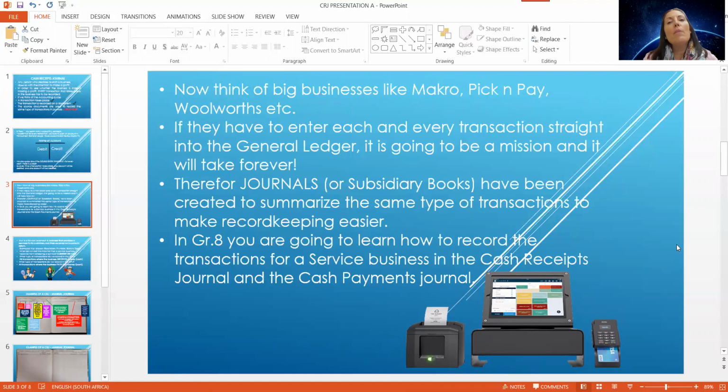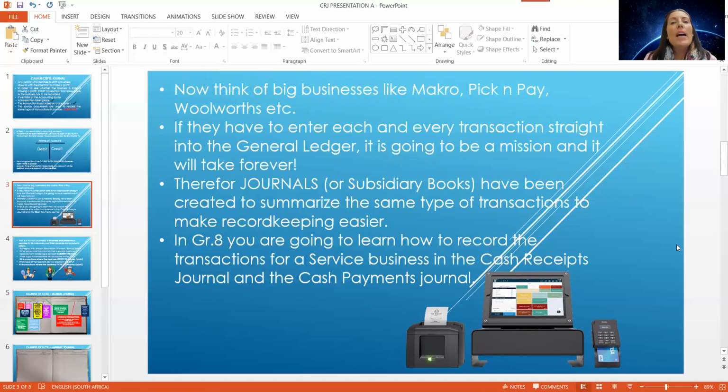But now we come to think of big businesses like Makro, Pick n Pay, Woolies, and so on. If they have to enter each and every single transaction that takes place on a daily basis, and just take one of these big supermarkets, can you imagine how many transactions do happen on a day-to-day basis?